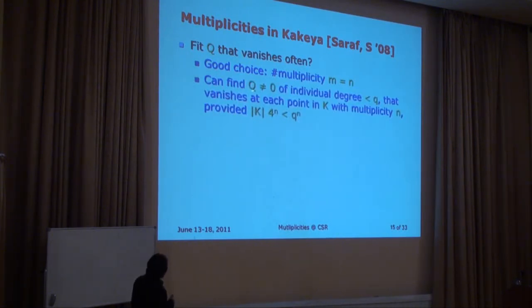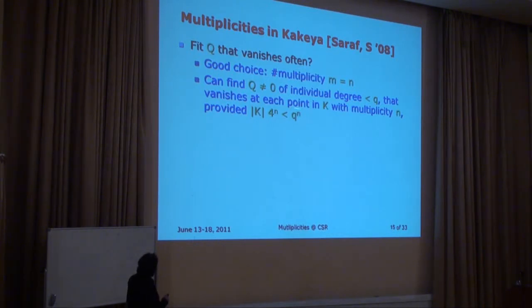And we'll find a polynomial Q, which is not identically 0, whose individual degree in each variable is less than q. So this is a little bit more space. Previously, in Dvir's argument, the total degree of the polynomial was less than little q. In our case, we will allow high degree terms, as long as the degree in each variable is not q or more.